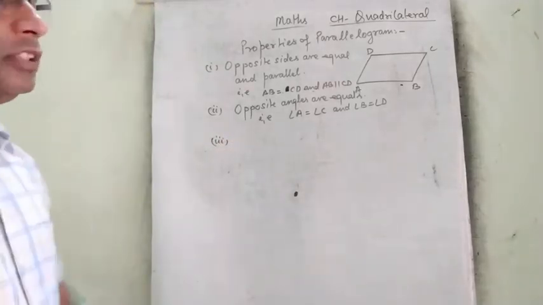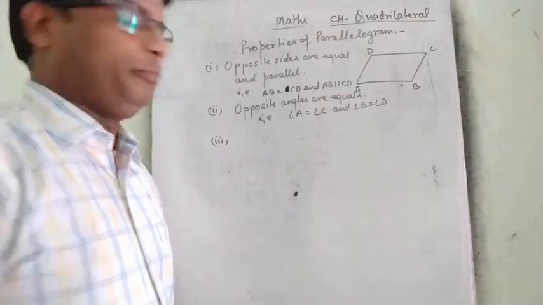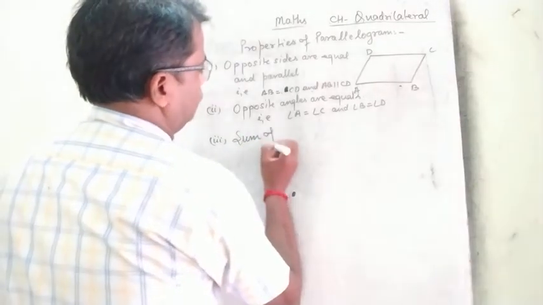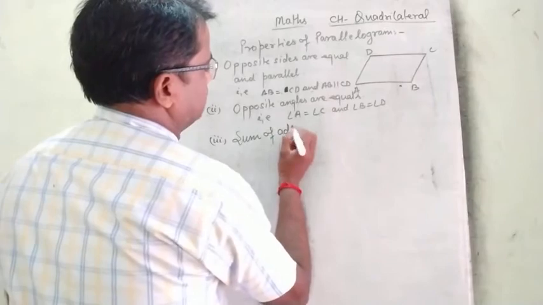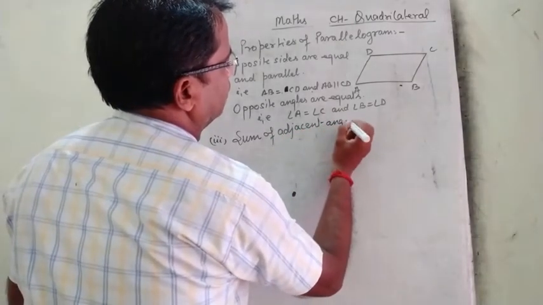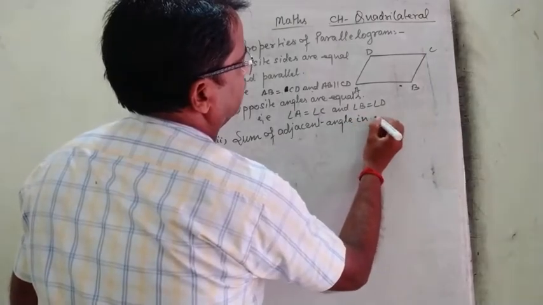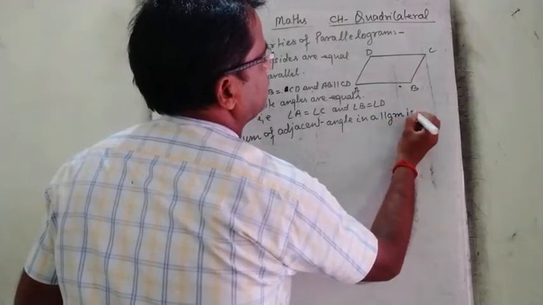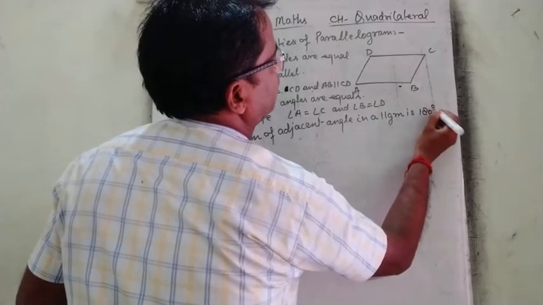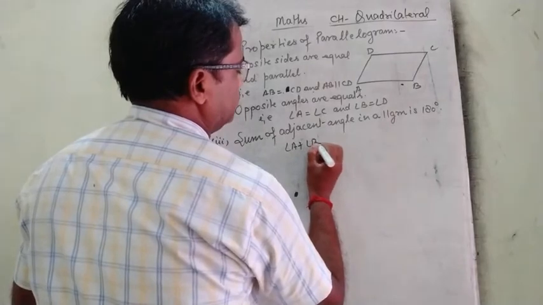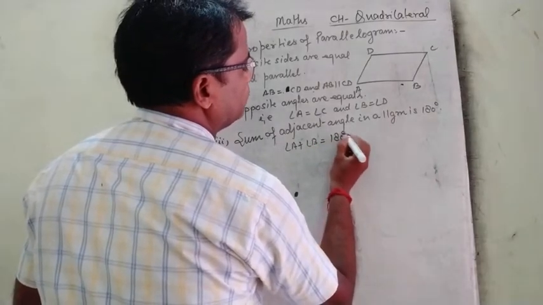Third property: the sum of adjacent angles in a parallelogram is 180 degrees. Means what? Angle A plus angle B is equal to 180.